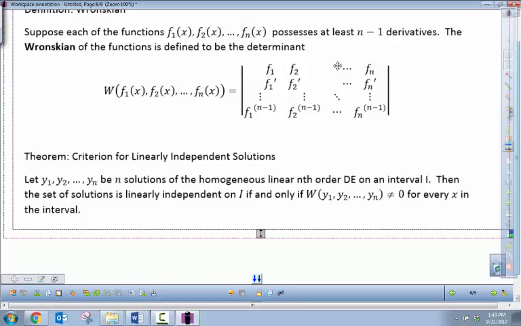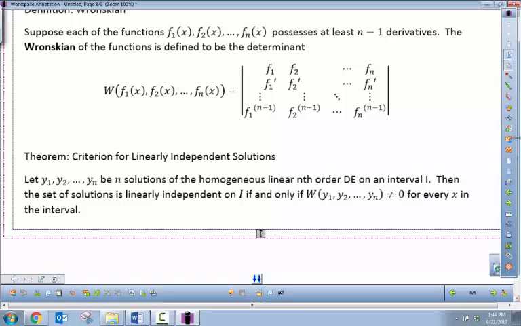Whether you write the functions across or going down doesn't really matter, because the determinant works for rows or columns. In most cases, we're just going to be dealing with 2x2 matrices, which is nice. Every once in a while, we might need to do a 3x3 matrix, and finding the determinant of a 3x3 matrix is not easy, but it's not that difficult. Compared to that, a 2x2 matrix will be easy to deal with.